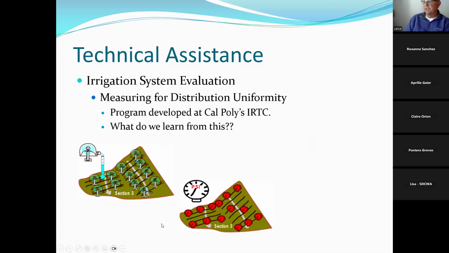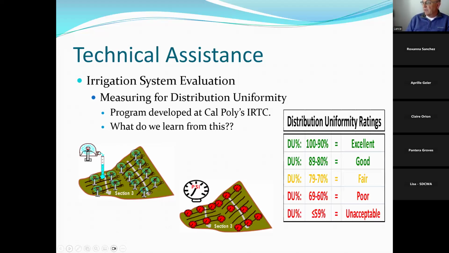So what we're learning from this, as I said, is a measurement of uniformity. How evenly is water spread across a field? In the ratings, any uniformity below 59% is unacceptable. Anything in the 60s is poor. Anything in the 70s is fair.